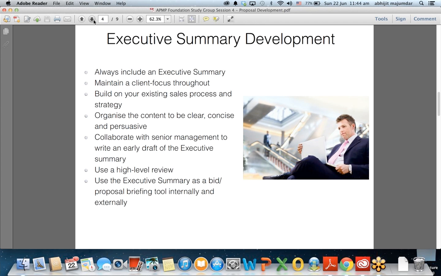So it's very important that you have a high level review of your executive summary, not only with the senior management, but also within the team which is working on the executive summary, and see that everybody is in sync and everybody is trying to position the same thing.